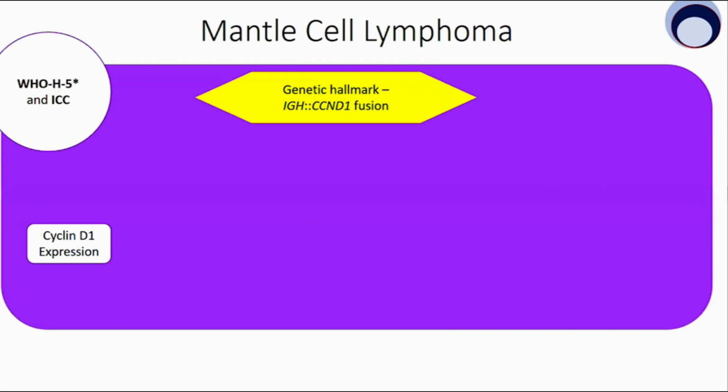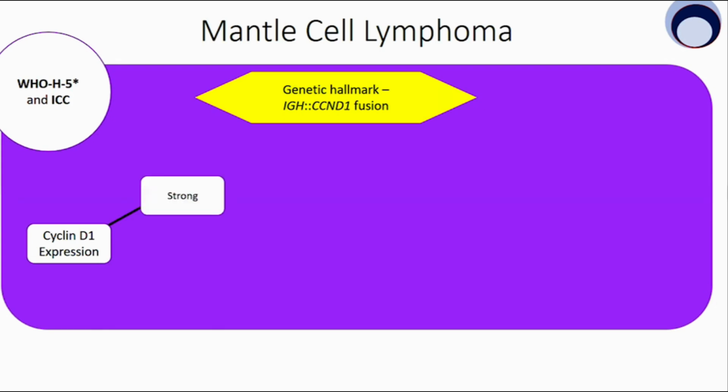Regarding another CD5-positive small B-cell lymphoma, both new systems stress the importance of recognizing other cytogenetic abnormalities when it comes to mantle cell lymphoma. Many of you know that the IGH-CCND1 fusion that results from the 11;14 translocation, which relates to cyclin D1 overexpression, is the hallmark of mantle cell lymphoma, and it's present in about 95% of cases.